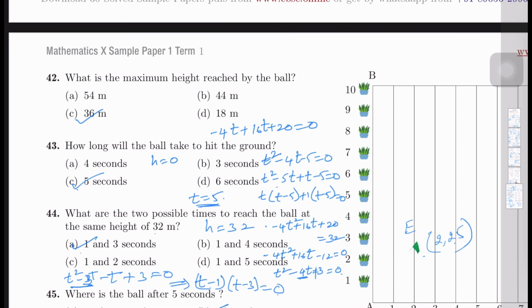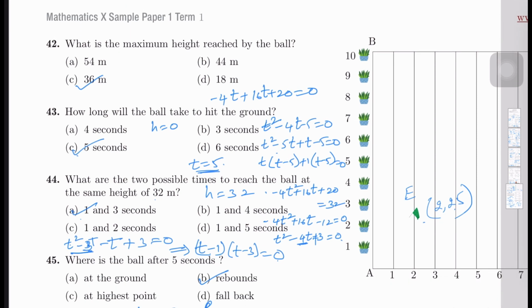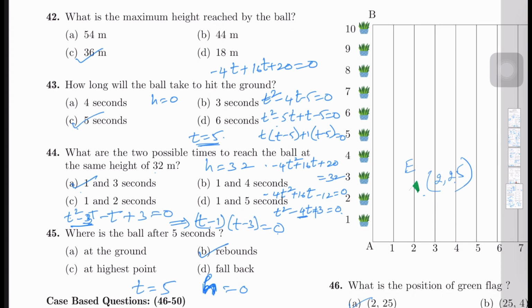So after solving, we get it as t square minus 3t minus t plus 3 is equal to 0, or t minus 1 into t minus 3 is equal to 0. So here you get the answer as 1 and 3 seconds. So the two possible times to reach the ball at the same height of 32 meters is 1 and 3 seconds.